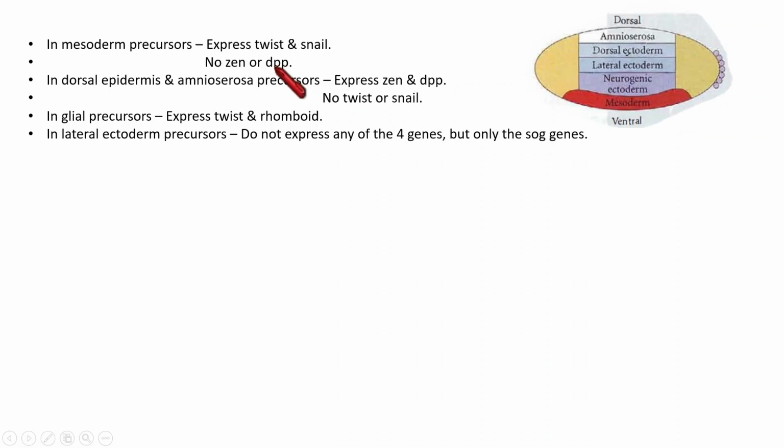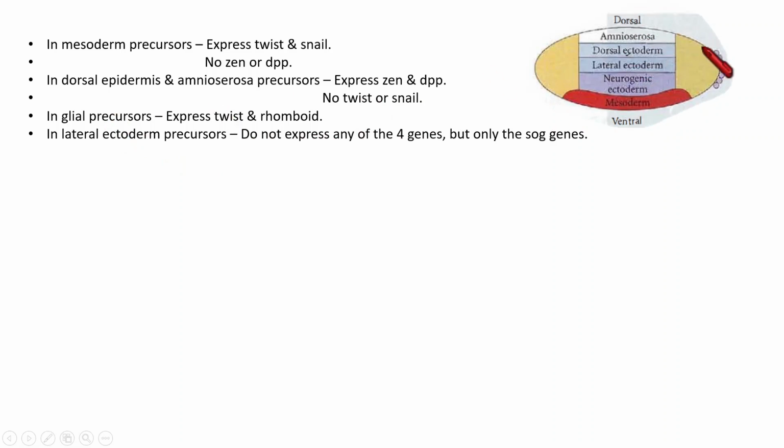Because the dorsal is suppressing those genes' expression there. Then in dorsal epidermis and amnioserosa precursor, in this portion, which genes have the chance to get expressed? Zen and DPP. There is no twist or snail because there is no sufficient level of dorsal protein. So that gradient is working to create all these different layers.